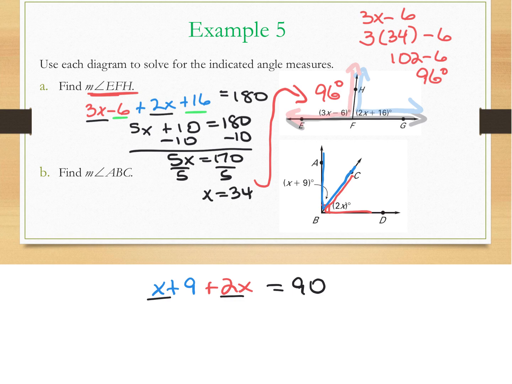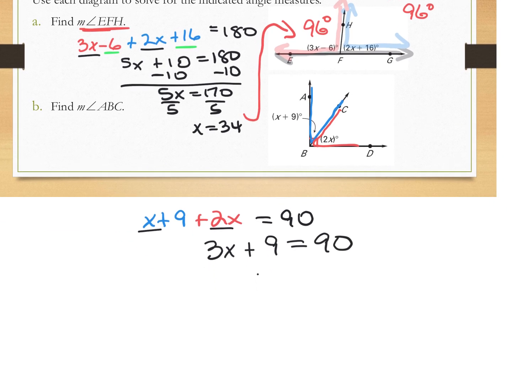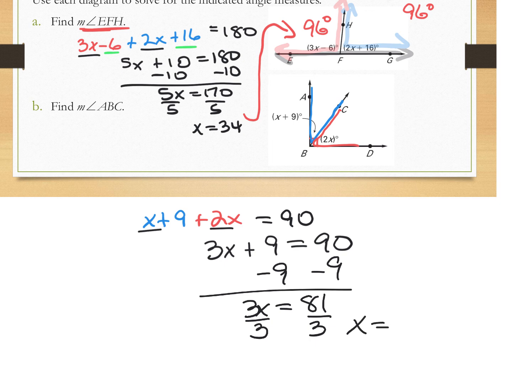Add these. I get 3x plus 9 equals 90. I can subtract 9. 3x equals 81. Divide by 3. X equals 27. And now I'm going to plug it in.